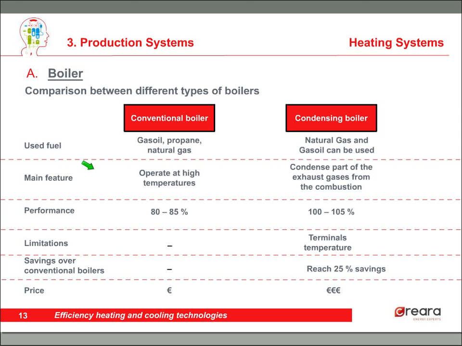At those temperatures, the condensing boiler can achieve this performance, 100 to 108, 105, more or less.